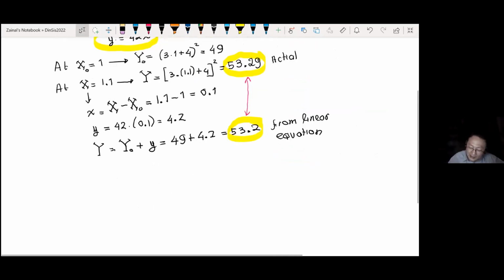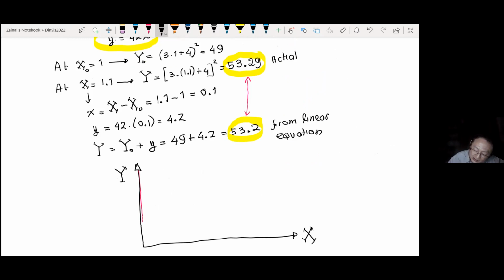Still remember this one? Why do I have to add this one? We have something like this: this is x, this is y, this is an absolute value, right?